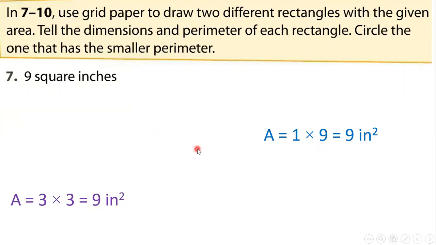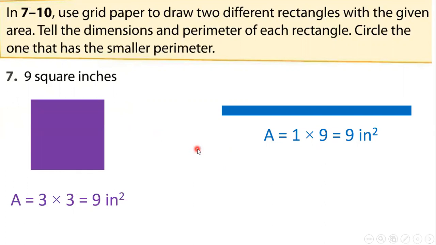Then I will draw the rectangles. Now we need to find the perimeter of each rectangle. All four sides here are 3 inches long. So the perimeter of this rectangle is 3 plus 3 plus 3 plus 3 equals 12 inches. These two sides are 1 inch long, and these two sides are 9 inches long.